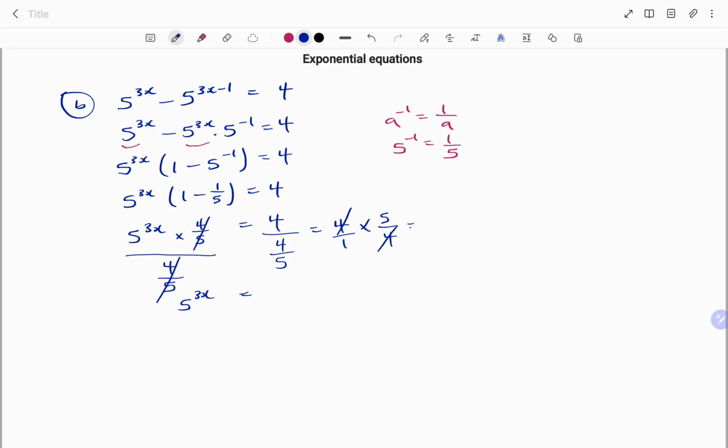This cancels, so this will give me 5. So this is equal to 5 to the power of 1; there's an invisible 1 here. And because the bases are the same, I'm going to equate the powers. I have 3x equals 1. Therefore, my x equals 1 over 3, dividing both sides by 3.